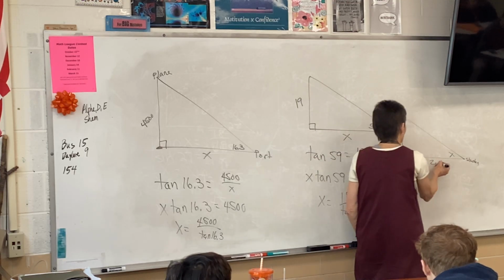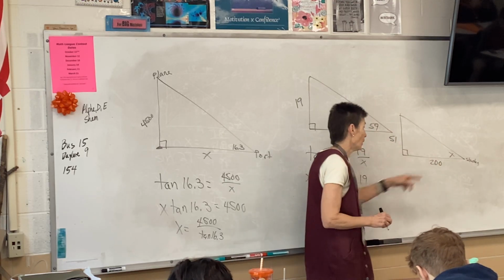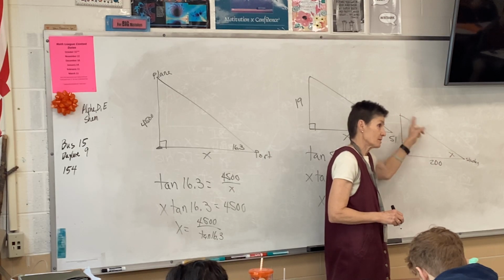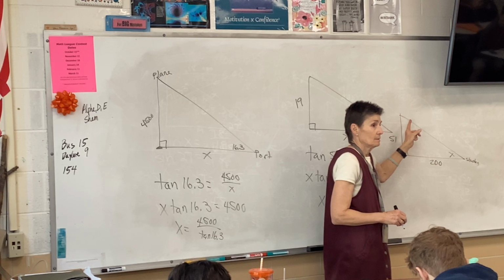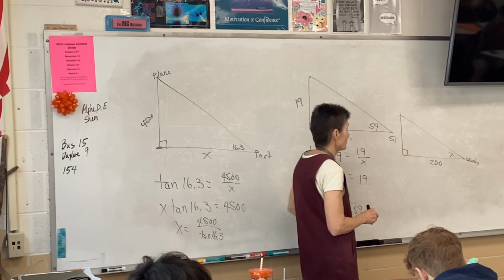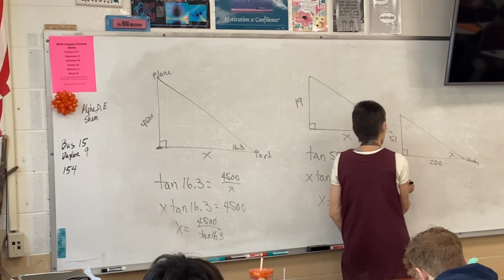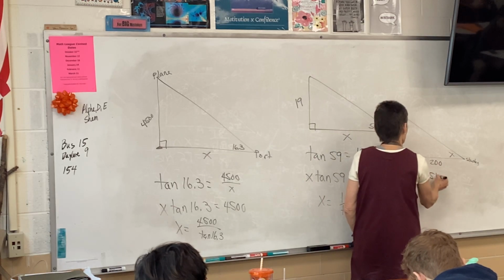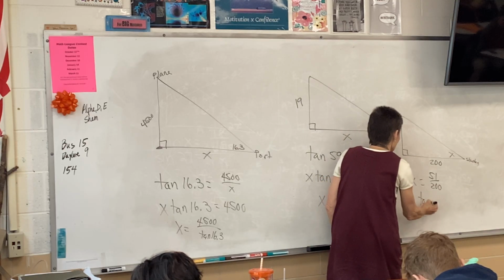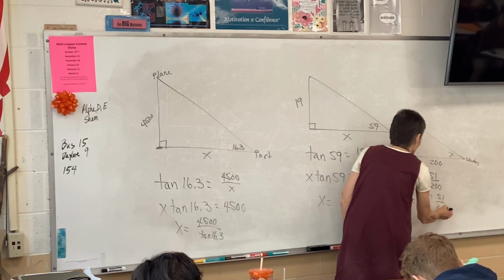Right here. That's the distance from the building, not to the top of the building. Okay, sine, cosine, or tangent. So tan x equals 51 over 200. Inverse tangent, 51 over 200.